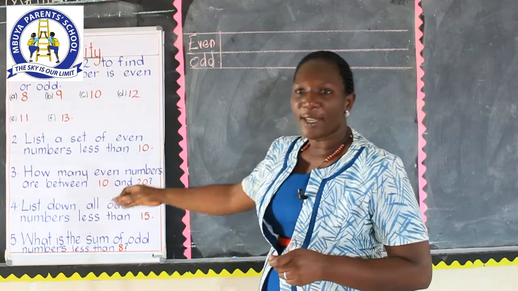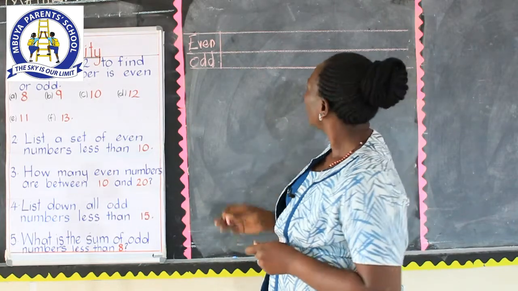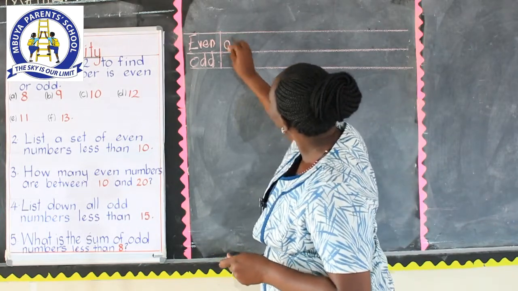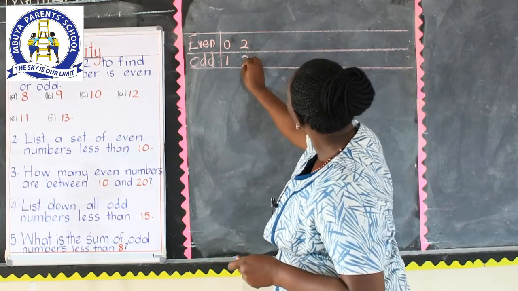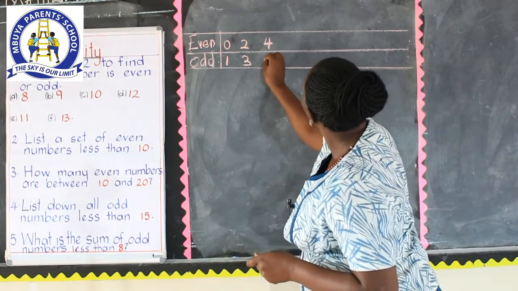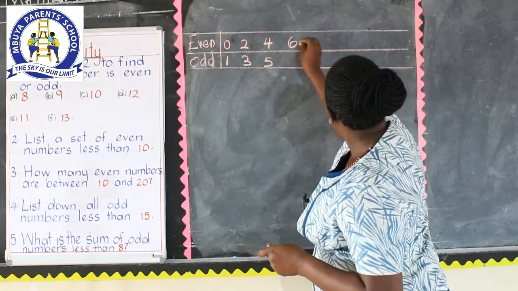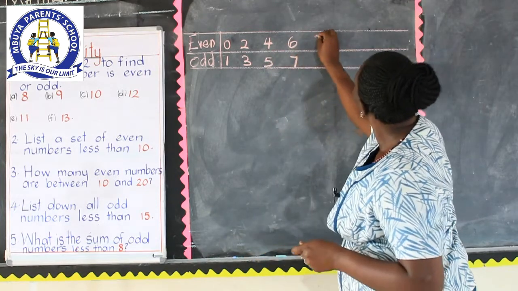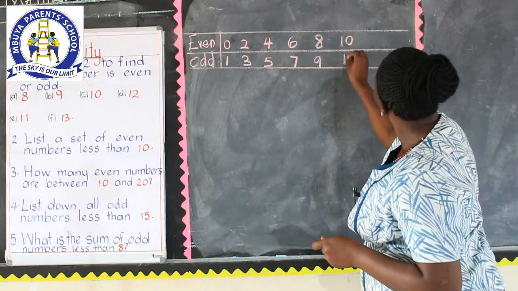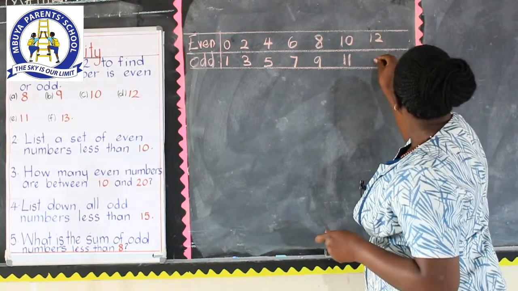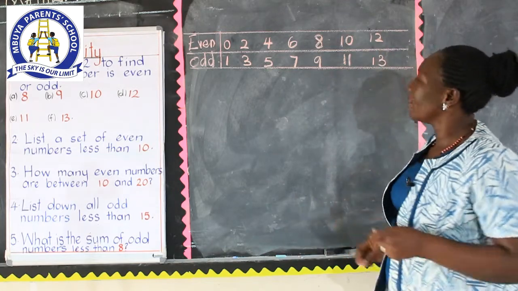So for all these numbers, we shall use the same table. We have 0, 1, 2, 3, 4, 5, 6, 7, 8, 9, 10, 11, 12, and 13.